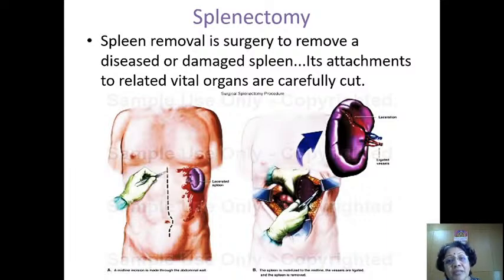But like I mentioned earlier, because now we recognize vascular segments of the spleen, we may choose to do a partial splenectomy, only take out its upper or its lower vascular segment, or in the rare cases where there may be 3 segments, we may try to conserve 2 and only remove 1.